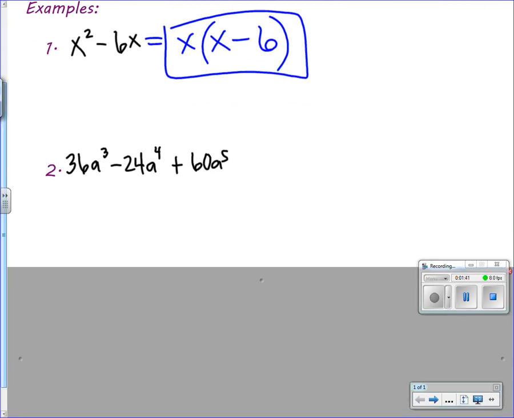Okay, so we have 36a to the third minus 24a to the fourth plus 60a to the fifth.